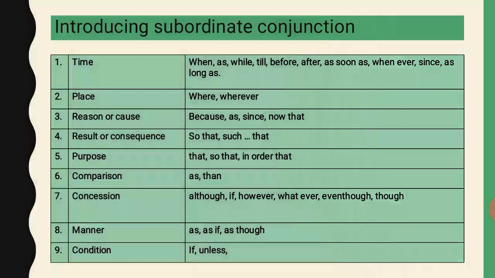Conjunction words for purpose: that, so that, in order that. And conjunction words for comparison: as, than. Conjunction words for concession: although, if, however, whatever, even though, though. And the conjunction words for manner: as if, as though. And conjunction words for condition: if, unless.